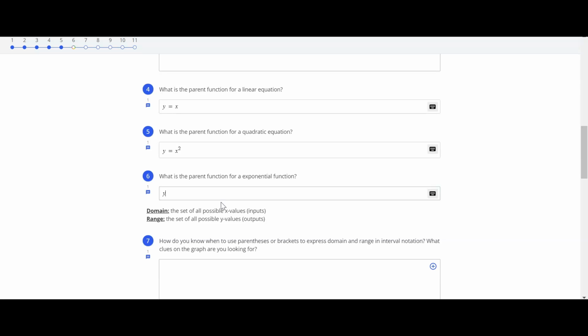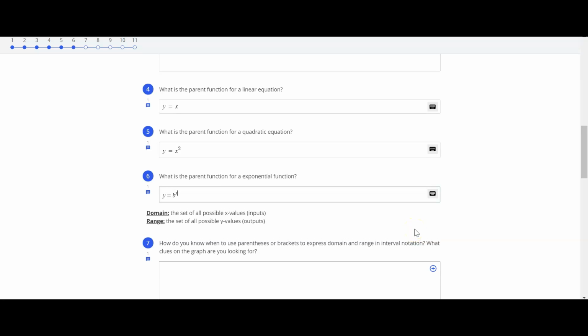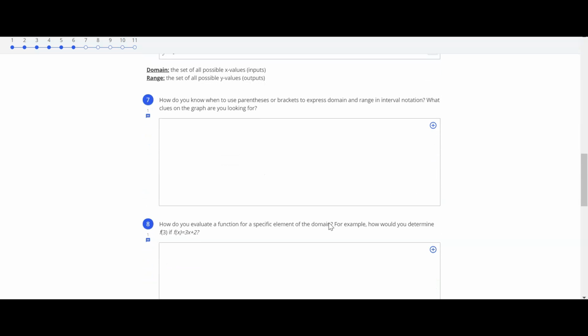So y equals b to the power of x. B could be 2, b could be e, b could be something, as long as x is in the exponent.